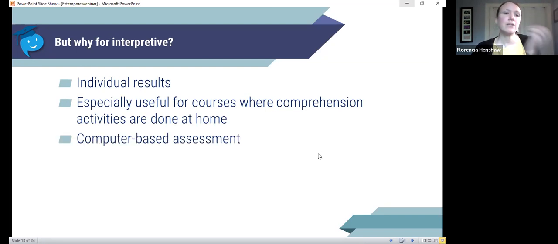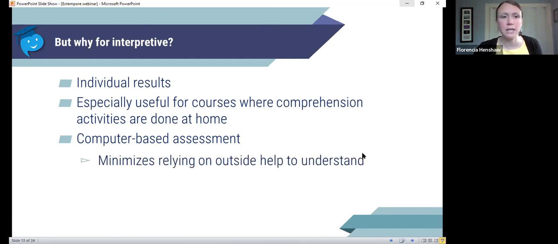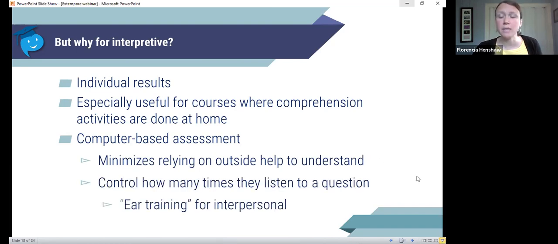And if you are going to use it for assessments where you don't want them to use outside resources, if you're a one-on-one school and everybody has their own laptop or tablet, you can use it as a computer-based assessment. Like I said, it minimizes relying on outside help, and you can even control how many times they listen to a question, which sometimes can be hard to do with other tools.